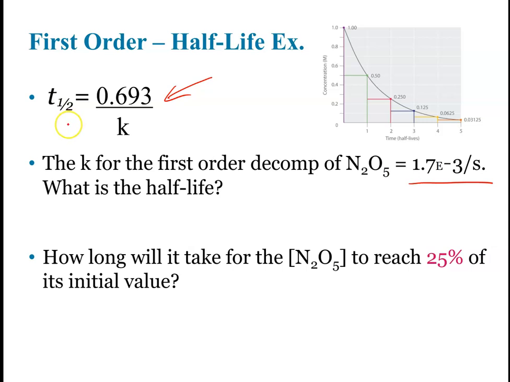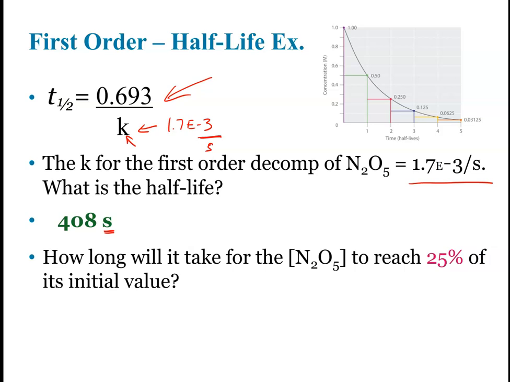To do this, you simply plug in 1.7 times 10 to the negative third per second into this equation, and the answer is 408 seconds. Notice the half-life is in seconds because you're plugging in a number with units of 1 over seconds into the denominator. So it would be 408 seconds.